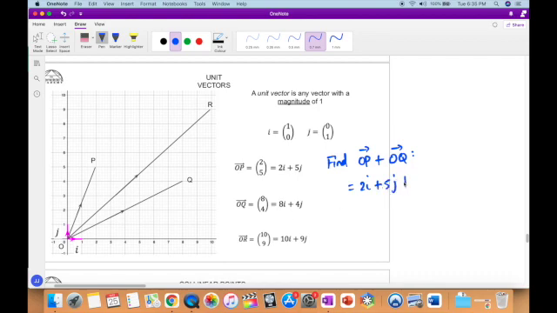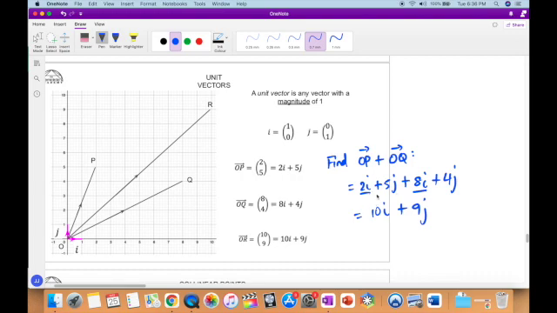And OQ is 8I plus 4J, right? And then you just add the i's, and you add the j's. So that'll be 10I plus 9J.